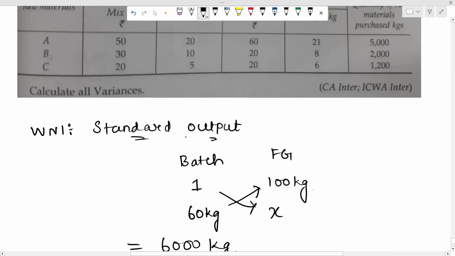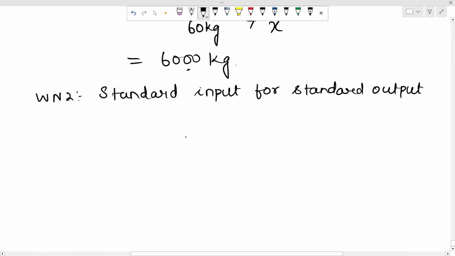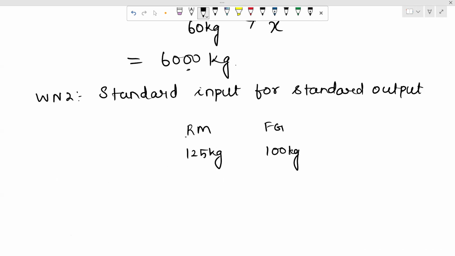So in this question, the input output ratio is directly given. If our input is 125 kg, the output will be 100 kg. So let's write it over here: raw material and finished goods. If the input is 125 kg, the output will be 100 kg, right?